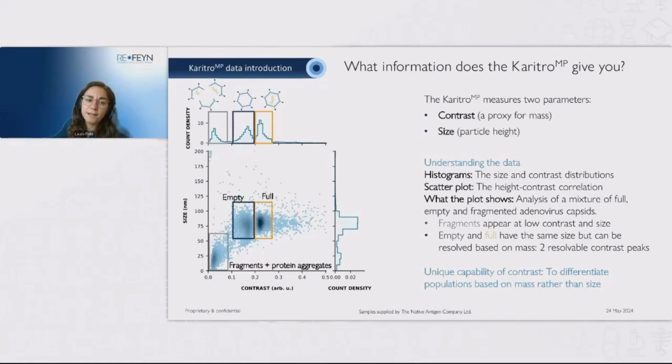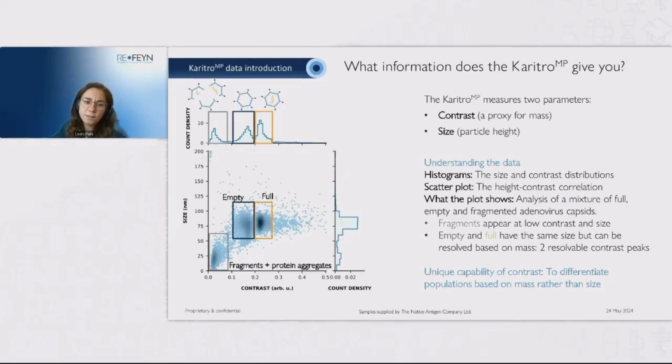The vertical axis shows you the size distribution or particle height distribution for the single particles measured, and then a scatter plot or dot plot in the center, where each data point would correspond to a particle measured there with a certain value of contrast and size.